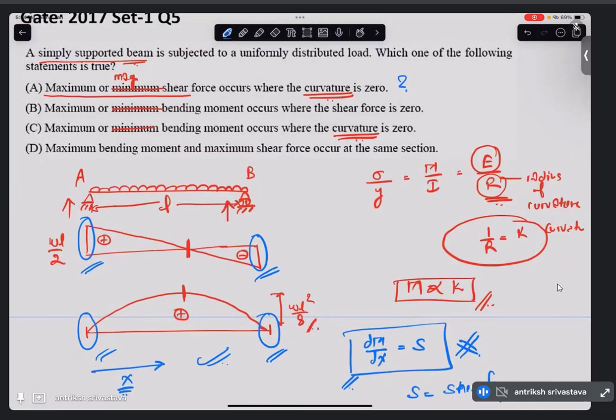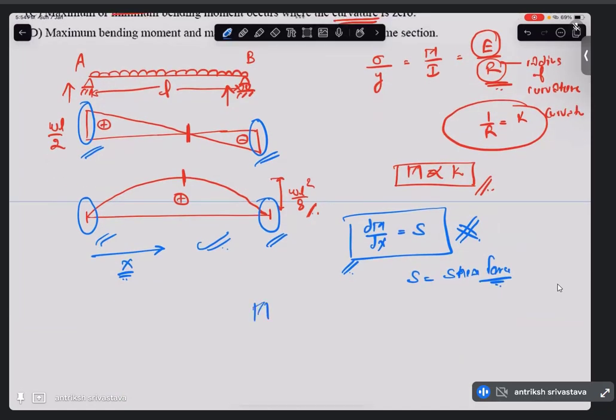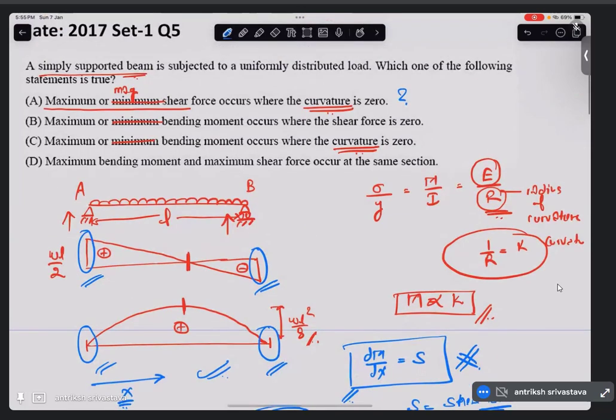What is it saying? Maximum bending moment occurs when the shear force is zero. And what do we know? When M is maximum, dM by dx, that is the derivative of M, is zero, right? That means S is zero. So this option makes sense. Maximum bending moment, whether minimum or maximum in magnitude, occurs when the derivative is zero.